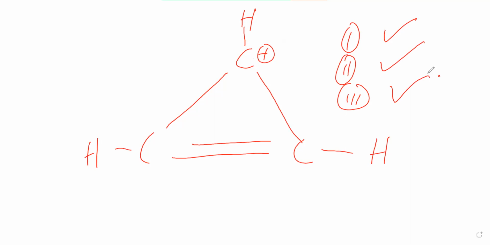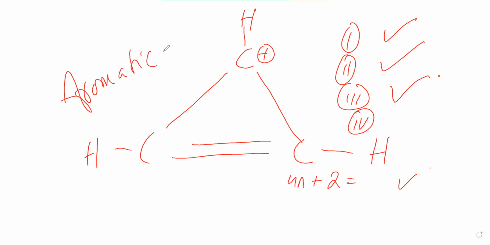And the fourth point is what? Huckel. Let's see, n is equal to 0. Good. So followed. So this is aromatic. Clear now?